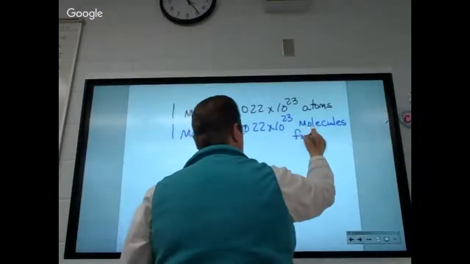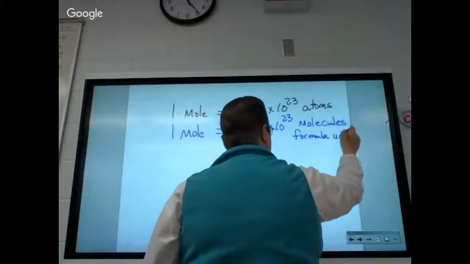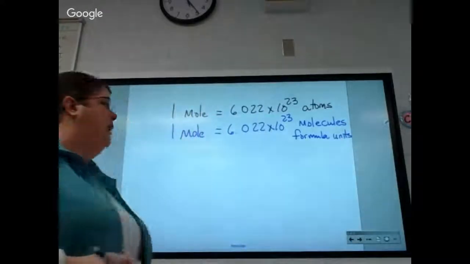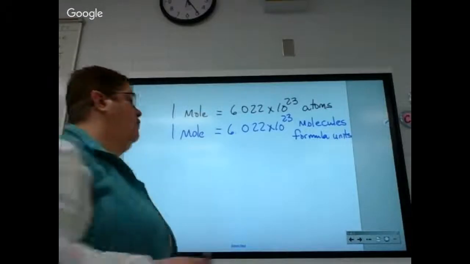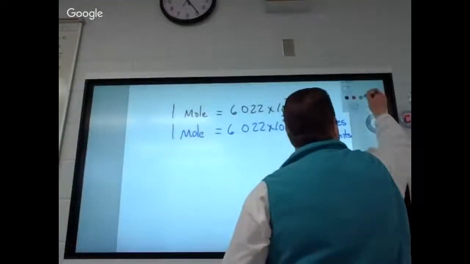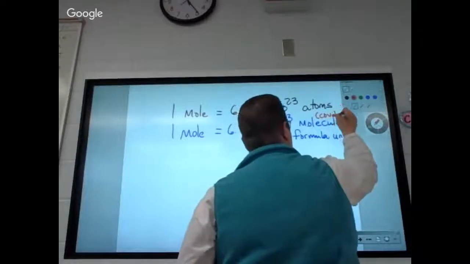And formula units. The only difference between molecules and formula units is molecules are covalent. And we'll talk about this later in the semester.